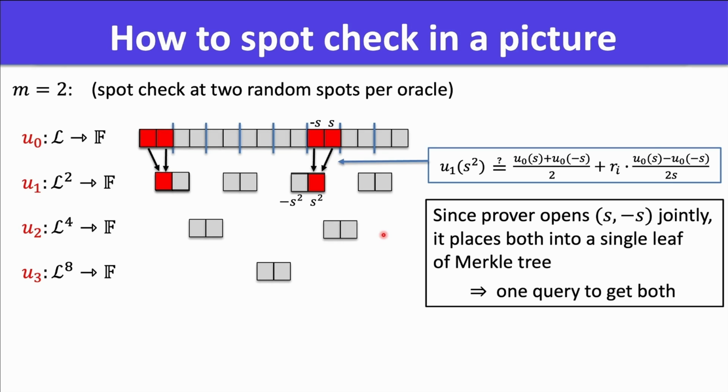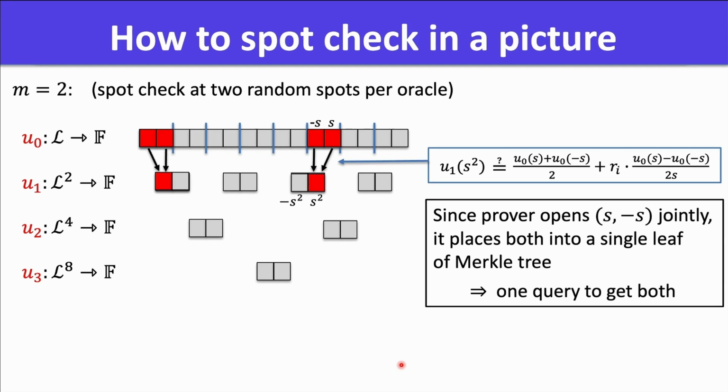That way we only have to provide one Merkle proof to prove that both u0 of s and u0 of minus s match the commitment to u0. So with one verifier query, the verifier is able to open both s and minus s. This is why I grouped all these together, because we always commit in pairs. For example, here we would put the value of u1 at s squared and the value of u1 at minus s squared in the same Merkle leaf and only have a Merkle tree over 4 leaves.